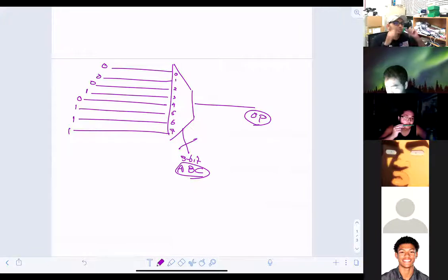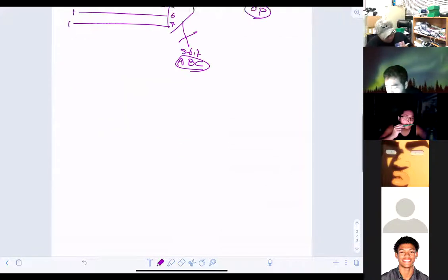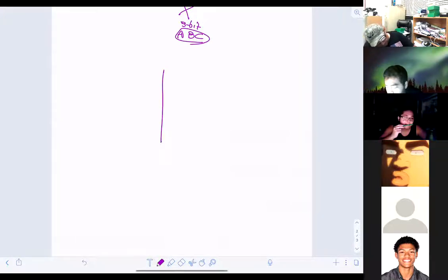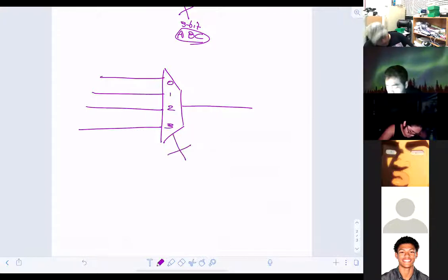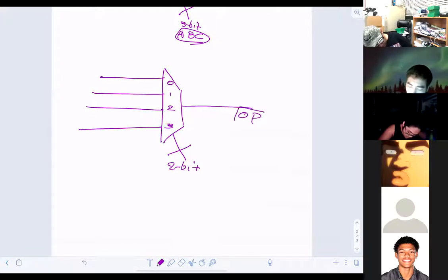Let's be a little bit tricky. Let's make it with 4x1. So let's go with a 4x1. 1, 2, 3, 4. 0, 1, 2, 3. And then, you know, how many bits do I have here? Two bits. And I have here the OB.